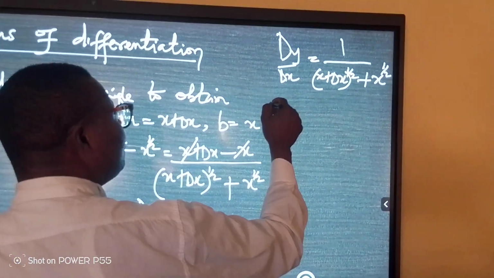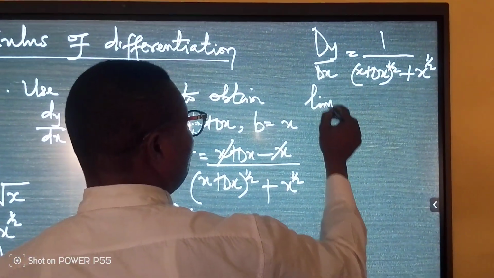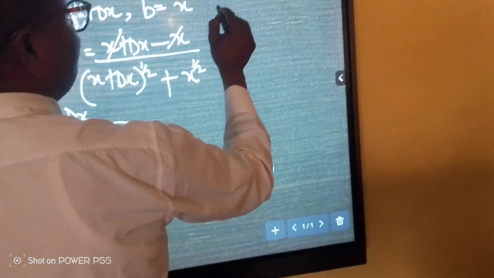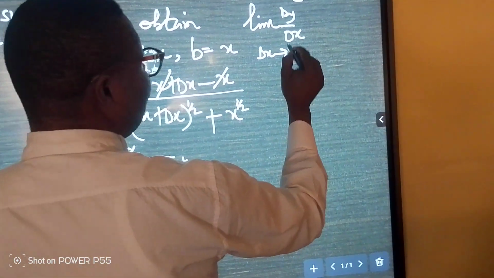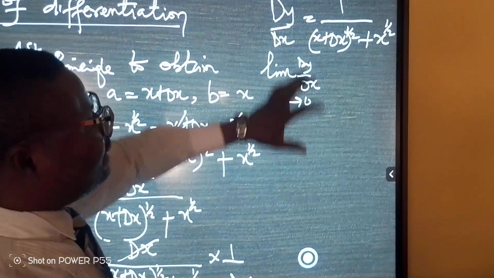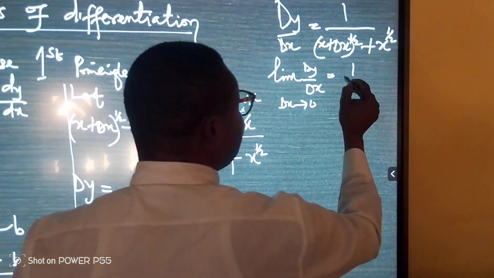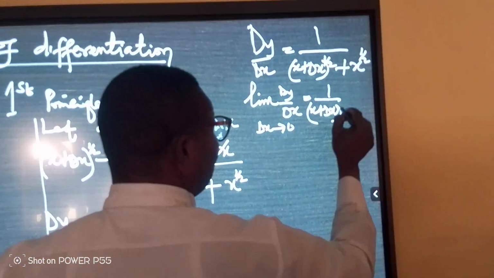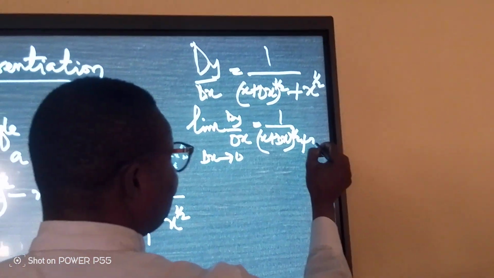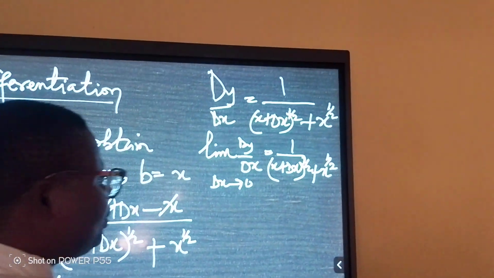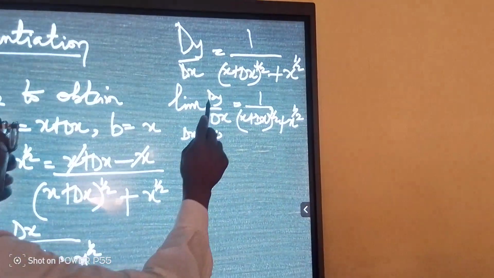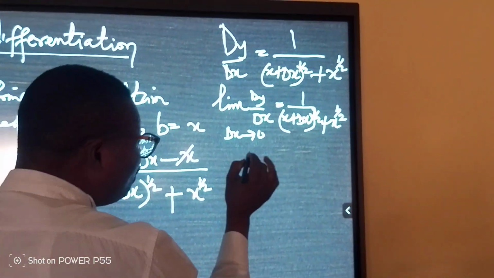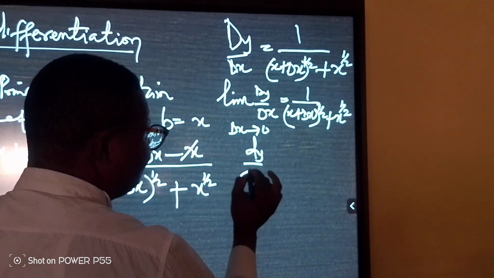Now the limits of dy over dx as dx is tending to 0. Remember that when you are taking the limits as dx is tending to 0, from the rule which many who claim to be mathematicians do not know, this capital dy dx, which is the change, will now turn to this dy dx.